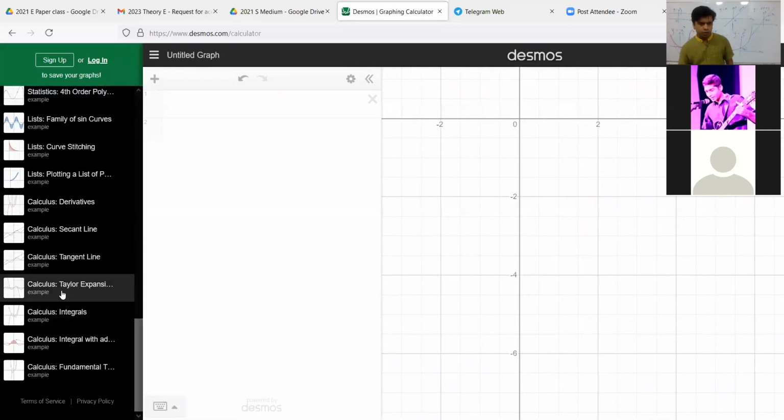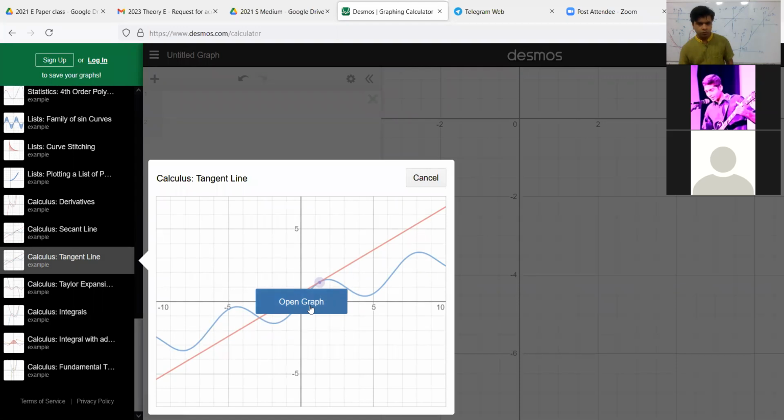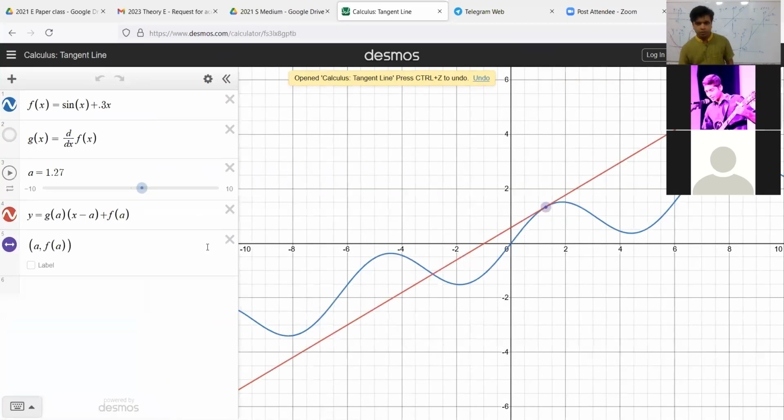Now you can see here. Differentiation means you are given a function, and the function f(x) is this one.